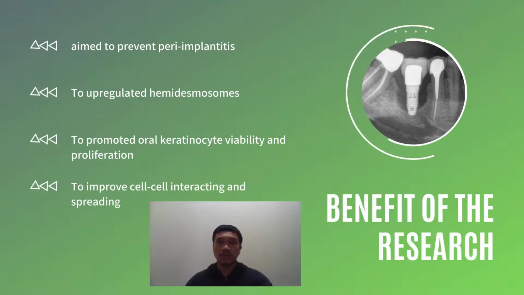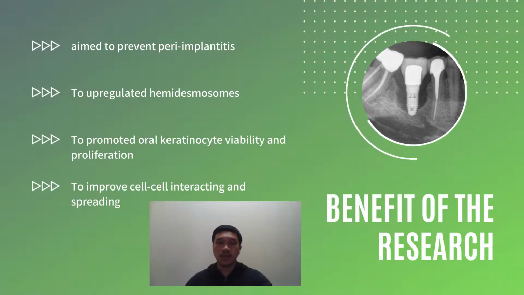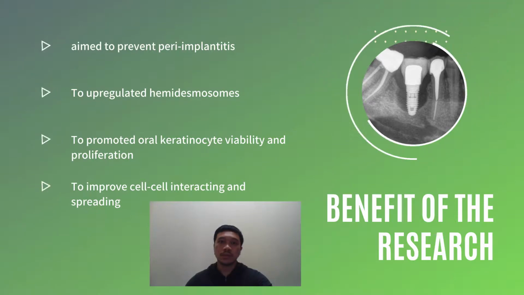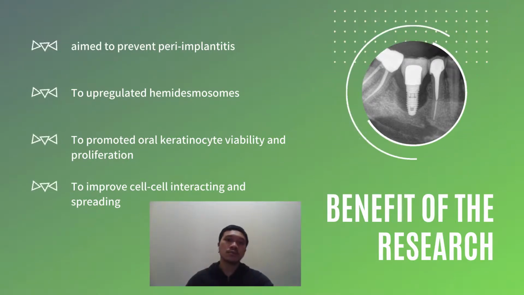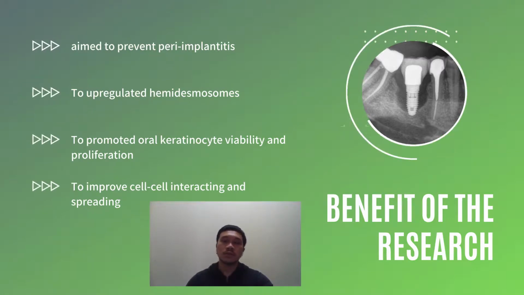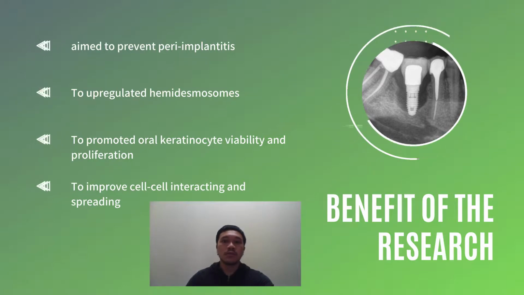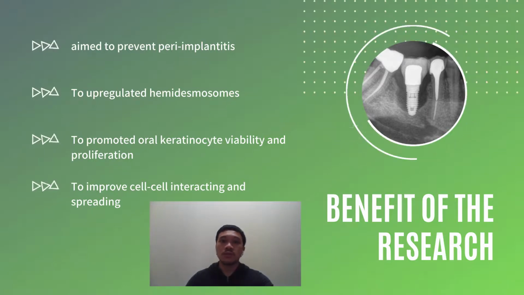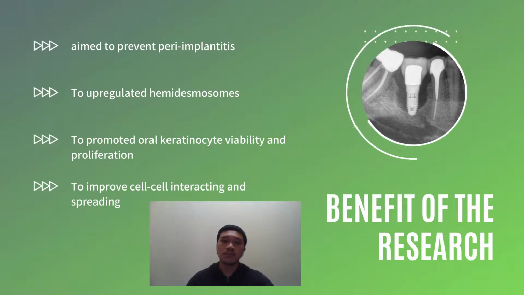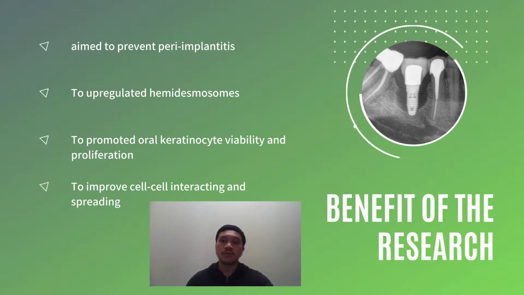Now we proceed to the benefit of the research. The benefit of the research is to prevent a disease called peri-implantitis and also to upregulate the hemidesmosome, as you can see in the picture before. We also want to promote oral keratinocyte viability and proliferation, as well as to improve cell-cell interaction and spreading.